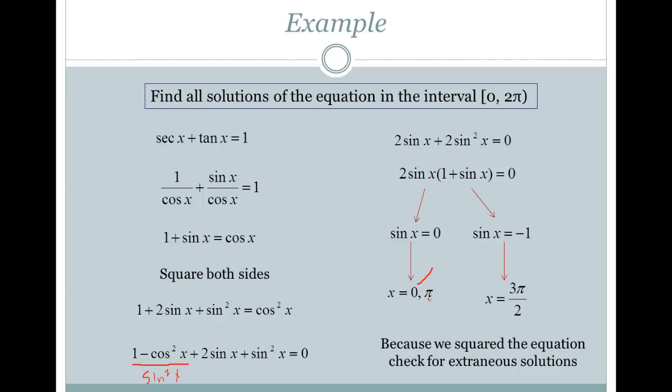If I plug in pi, secant of pi is negative 1, tangent of pi is 0, so this one does not work. And 3 pi over 2 is not even in the domain, because secant of 3 pi over 2 is undefined. So that one's out as well. Our only answer here is x equals 0.